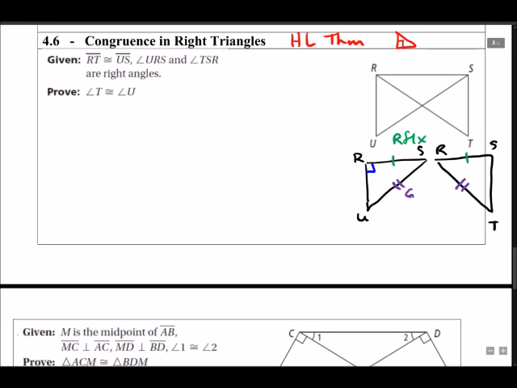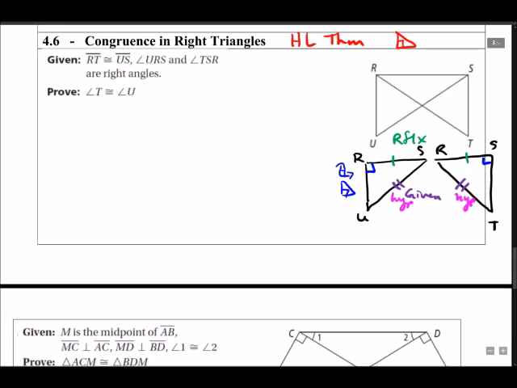I didn't label this. This is given to us. And TSR is a right angle. And so this means I'm going to use right angles and turn them into right triangles because I have a hypotenuse here and a hypotenuse here, and they are congruent.